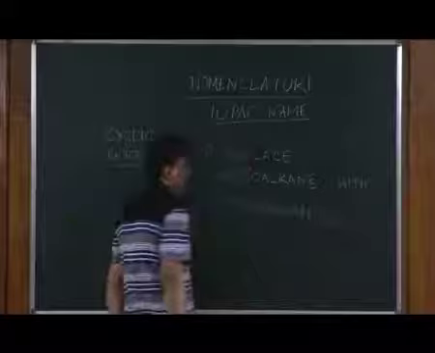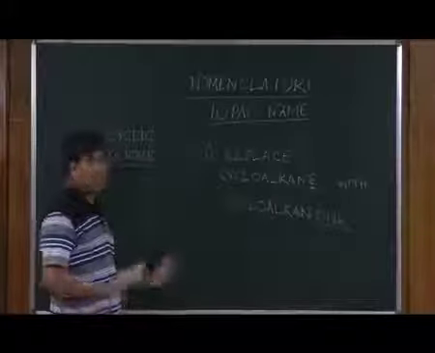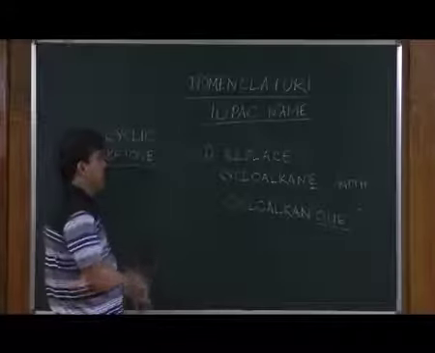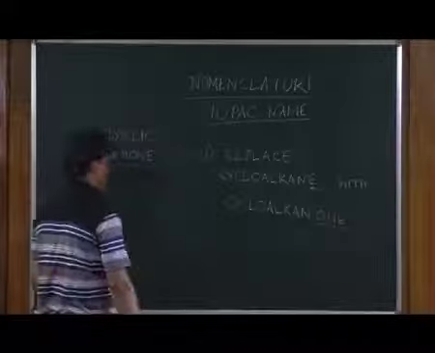So, here also E is replaced by one, and you have to write the parent cycloalkane name and then add the suffix one.